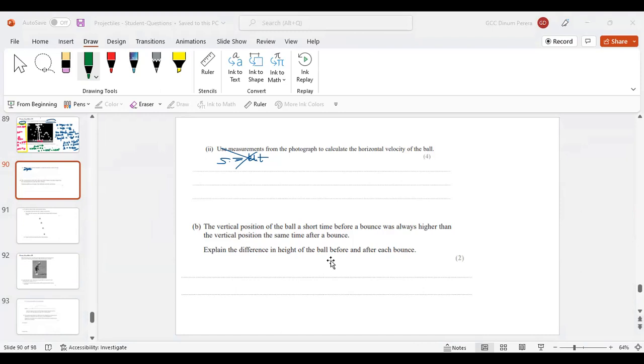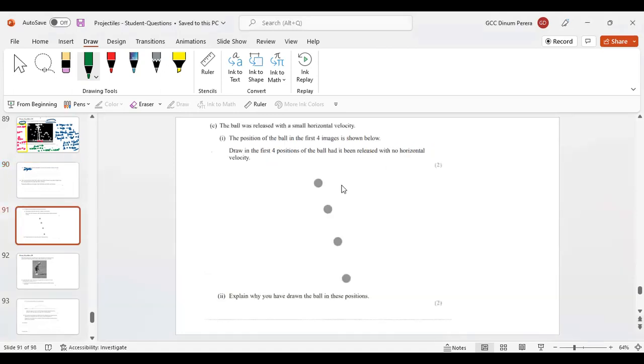After bounce, the kinetic energy would be less than the initial kinetic energy before it hits the ground. So it won't reach the same height after bounce, right? So the kinetic energy is lost at the bounce. The kinetic energy is converted to potential energy when it goes up. So the height would be less than the previous height before bounce.